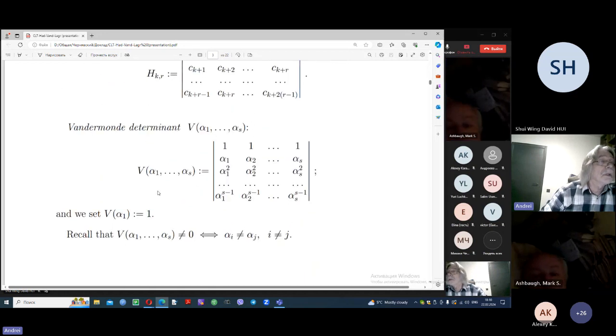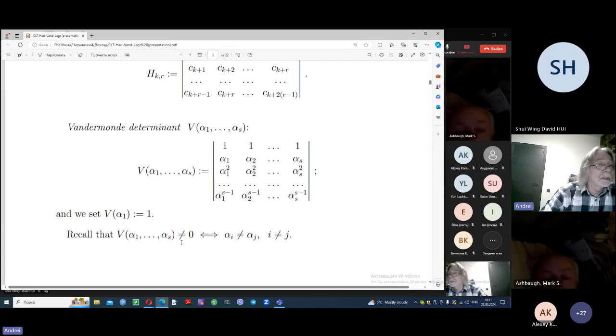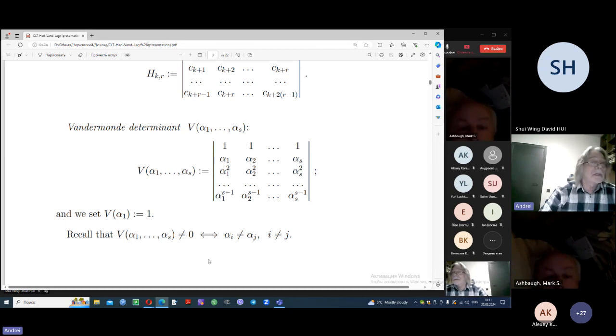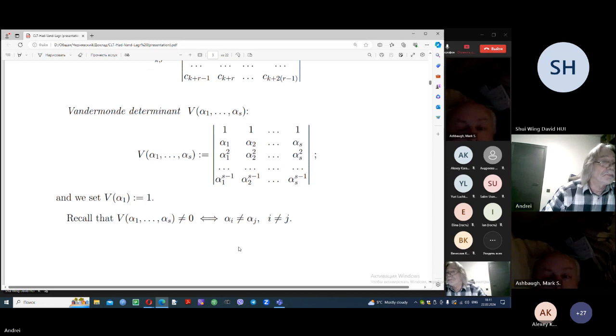I also recall what the Vandermonde determinant is. The Vandermonde determinant is the following object. We said also that V of alpha 1 is equal to 1, and clearly this determinant is not 0 if and only if all these numbers are not equal to each other.